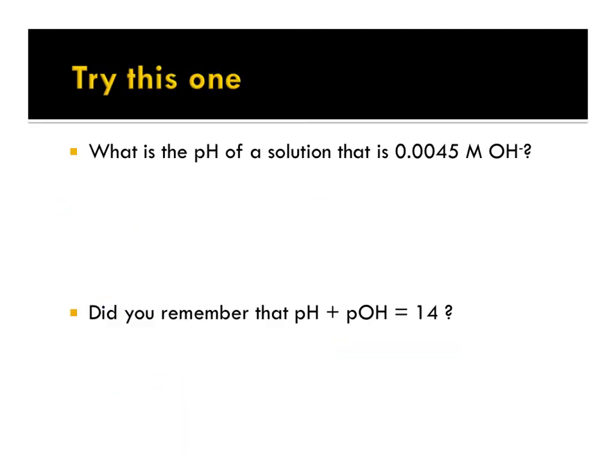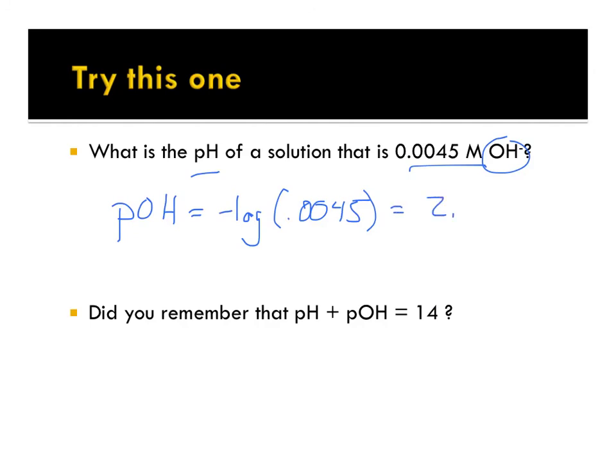All right, so we are looking at a concentration of OH minus, but we want to know what pH is. So my first suggestion would be converting to pOH using the negative log of 0.0045. And we get an answer of 2.35 for our pOH.